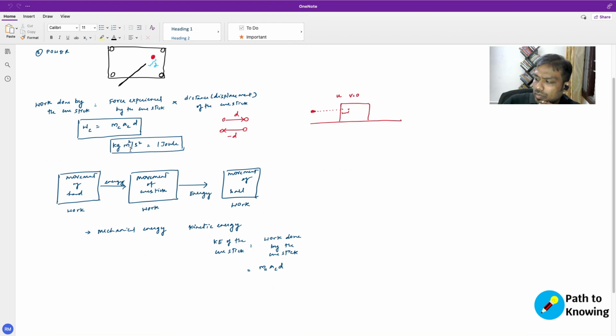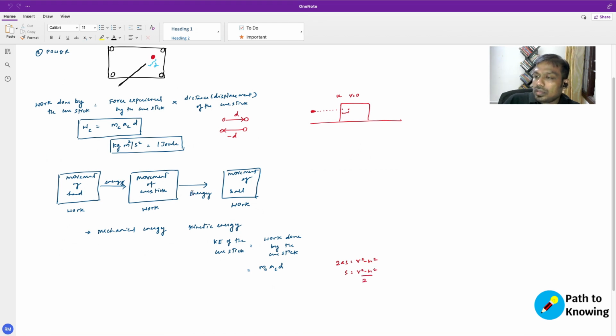And from Newton's laws of motion, we knew that the third law of motion was this: 2as is equal to v squared minus u squared, so s is equal to v squared minus u squared by 2a.